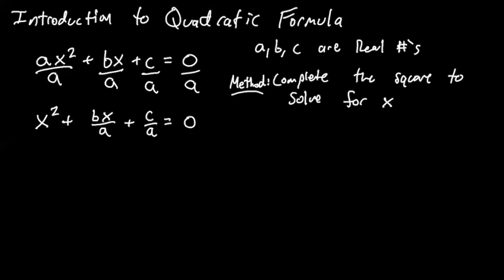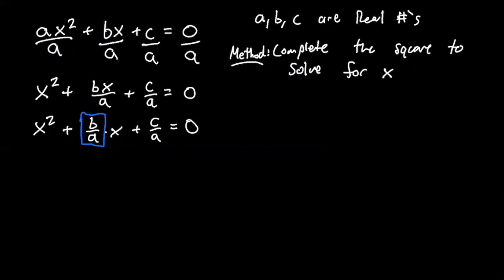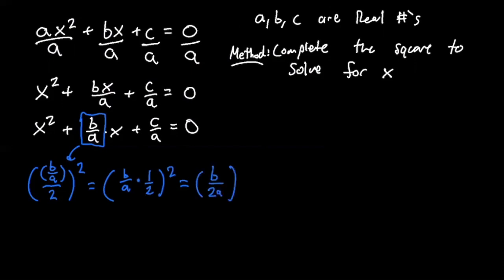Okay, so we have a coefficient of 1. Next, we're going to look at our middle coefficient. Let's rewrite this as b over a times x plus c over a. We take our middle coefficient, divide that by 2, b over a divided by 2, and square that. Inside, I can rewrite this as b over a times 1/2 instead of dividing by 2, which makes it easier because we can just multiply the a and the 2 in the denominators: b over 2a, squared.